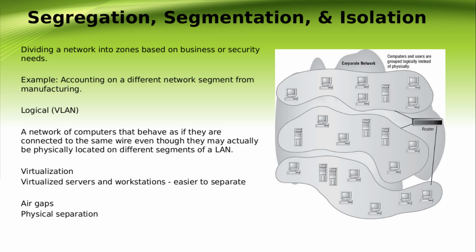The isolation can be absolute or one-directional. For example, a lower level may not be able to initiate communication with the higher level, but the higher level may initiate communication with the lower level. Isolation can be logical or physical.